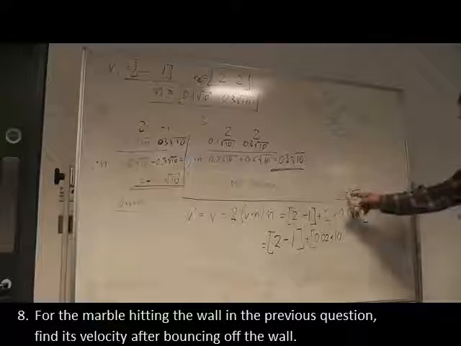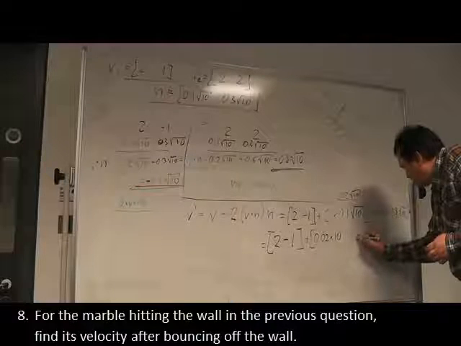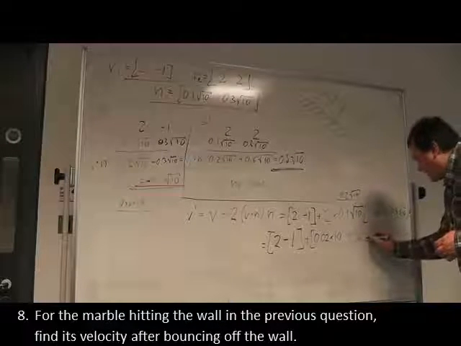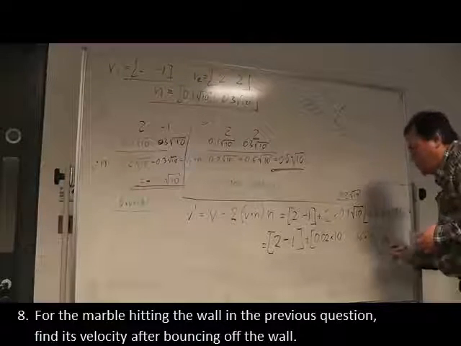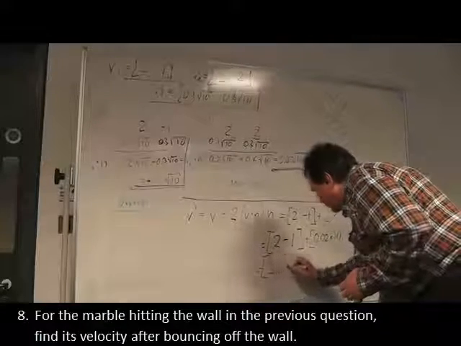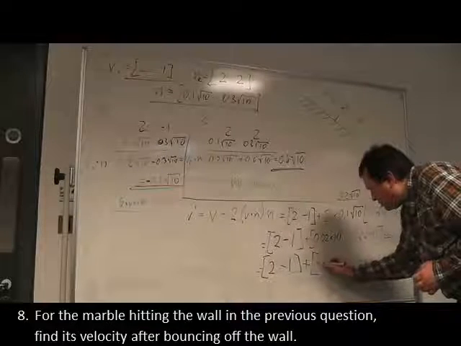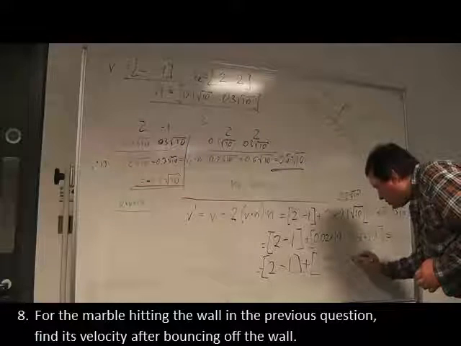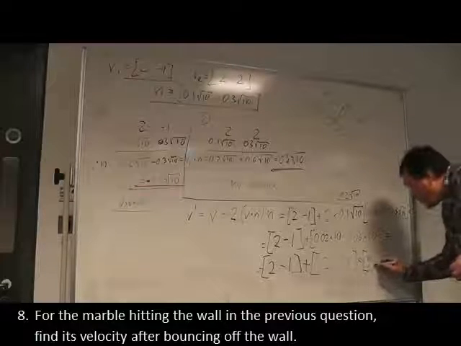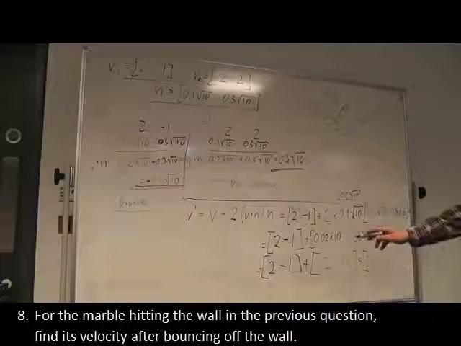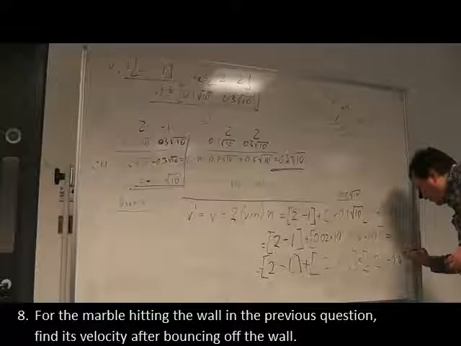And the second part is 0.2 times 0.3, it's 0.06 times, again, square root of 10 times square root of 10, so times 10. Okay, so we get 2 minus 1 plus 0.2, 0.6. So the answer is 2.2, and the second one is minus 1 plus 0.6, so it's minus 0.4.